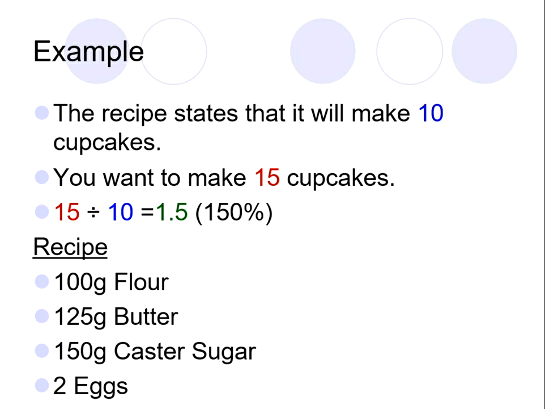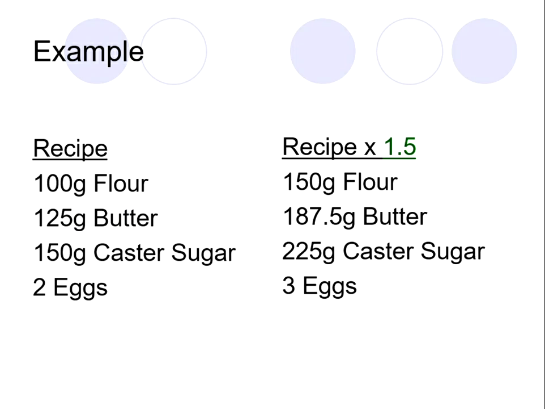So what we do then is we use this 1.5 multiplier to calculate it out. 100 grams of flour multiplied by 1.5 gives us 150 grams of flour. Our 125 grams of butter multiplied by 1.5 gives us 187.5.